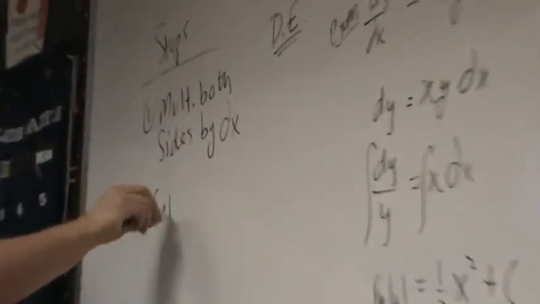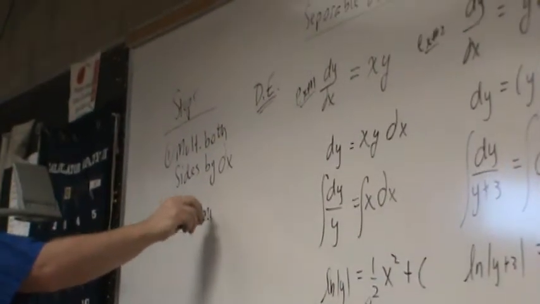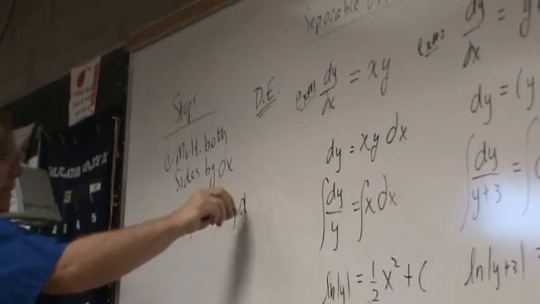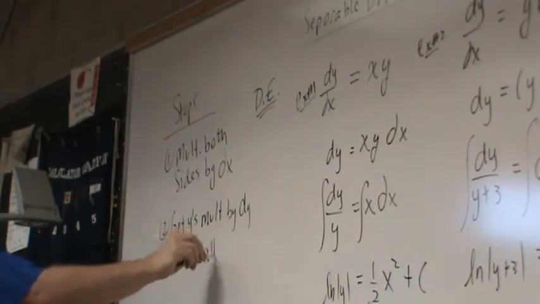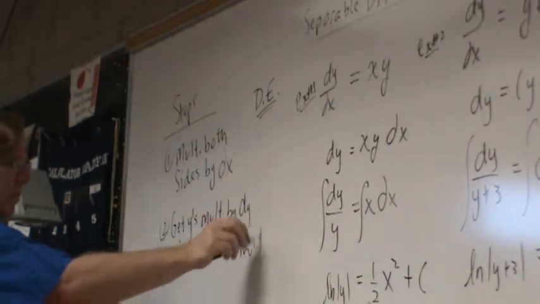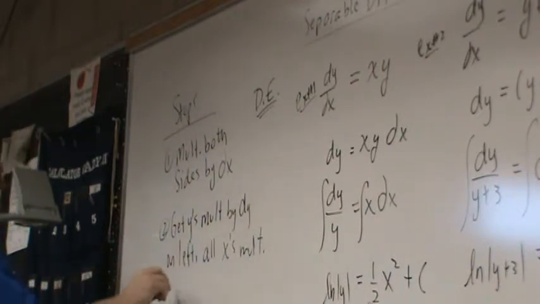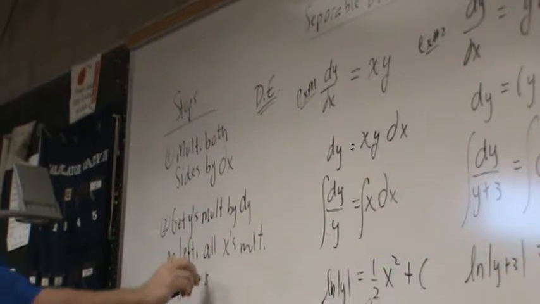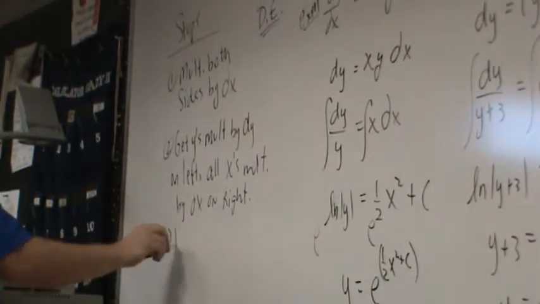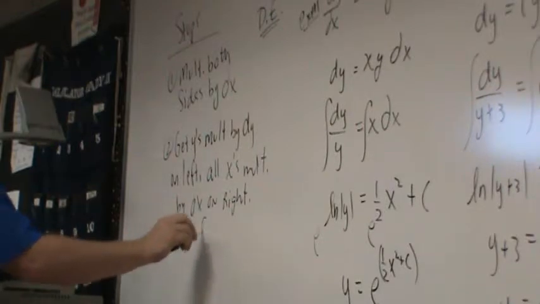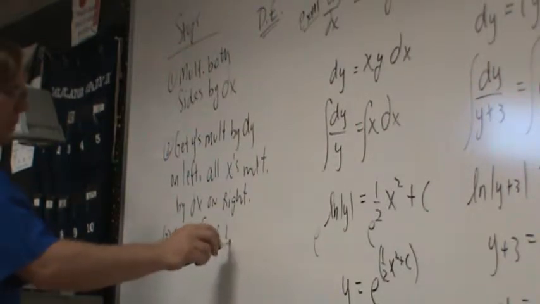Then step 2 is get your y's multiplied by dy on the left, all your x's multiplied by dx on the right, and then number 3 is to take the antiderivative of both sides.